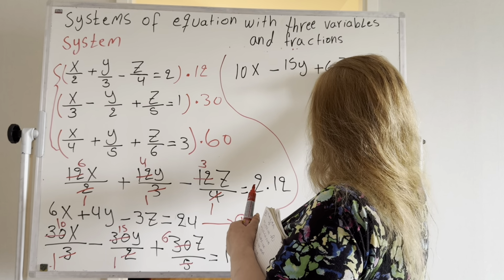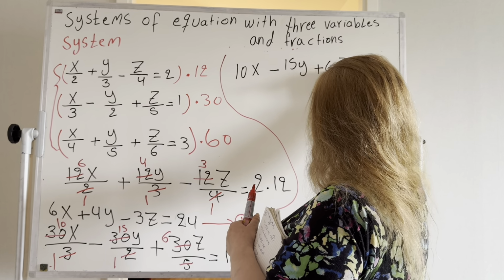60 divided by 4 is 15. 60 divided by 5 is 12. And 60 divided by 6 equals 10.